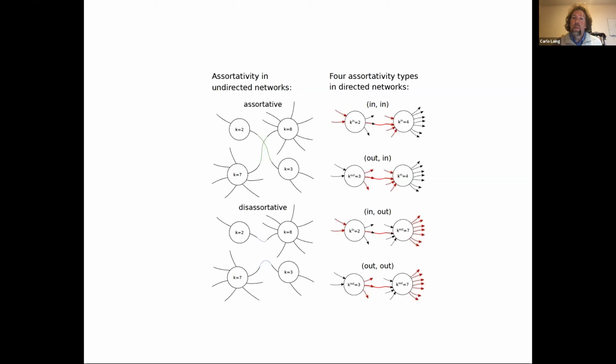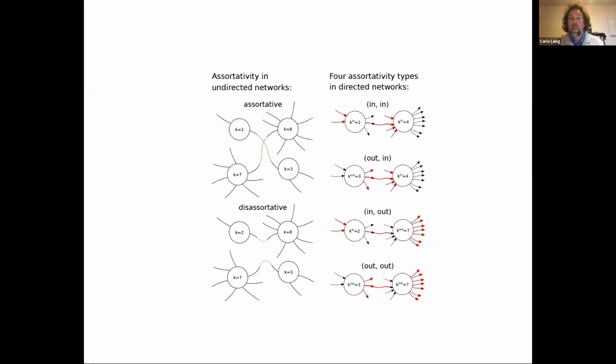But once we move into directed networks, we have four possible cases, which are in the right column there. So basically for the presynaptic and the postsynaptic neuron, you have an in degree and an out degree. So there's four possible combinations of things to look at. If we look at the top one there, for example, we look at the red connection going from the left to the right. Given the degrees, there's already some probability of that connection existing.